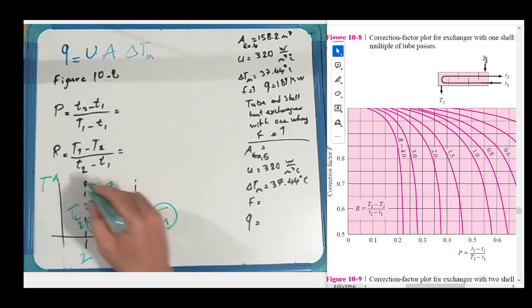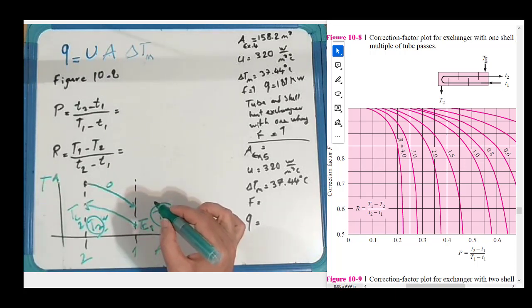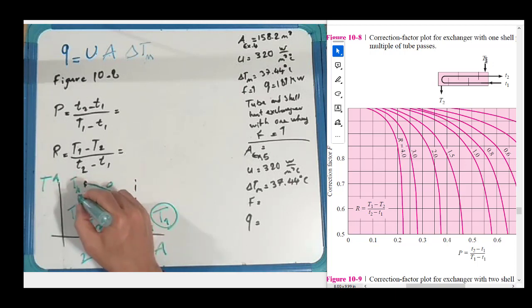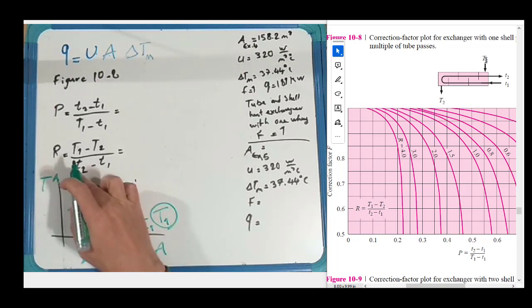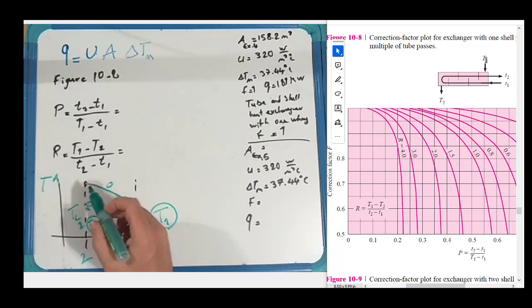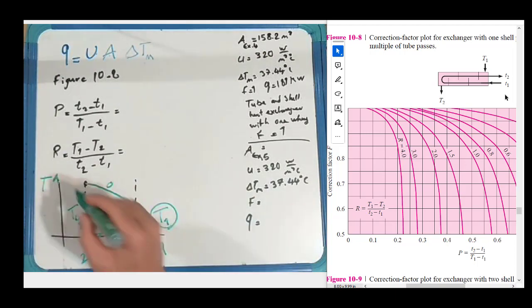Okay, but what about these two? This is small t2. We should know in this diagram the inlet is small t1.